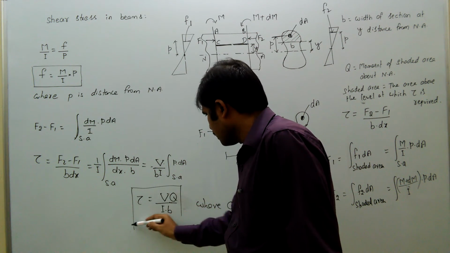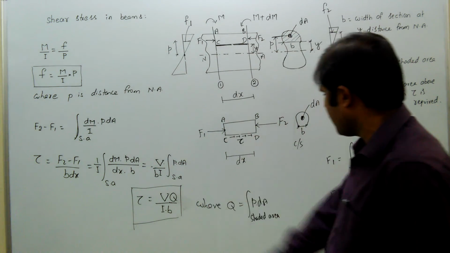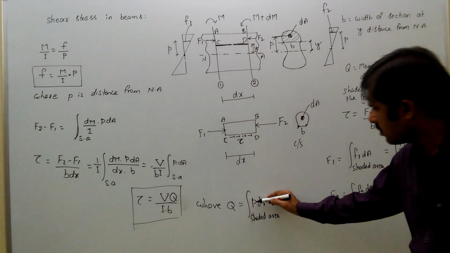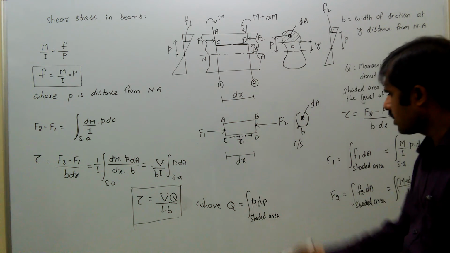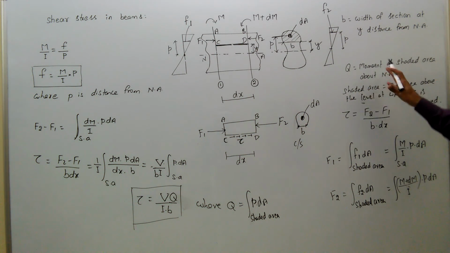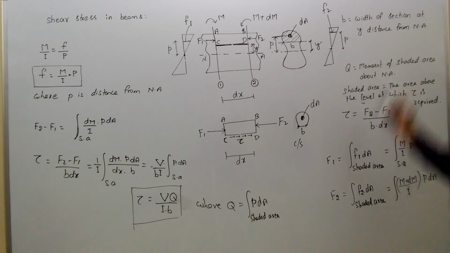This is the formula we need to remember: tau equal to VQ by Ib, where Q is integral of p dA, where p is the distance from the neutral axis. This Q is the moment of the shaded area about the neutral axis. So Q can be written as area into x bar also.